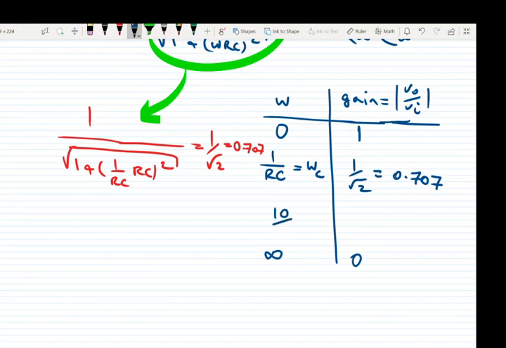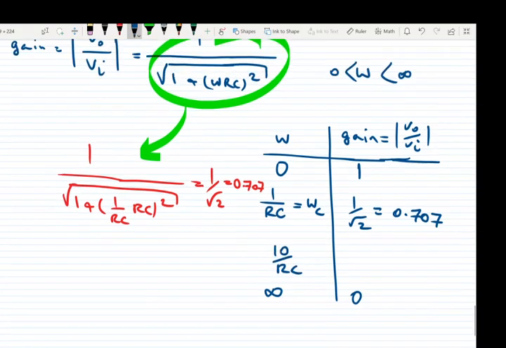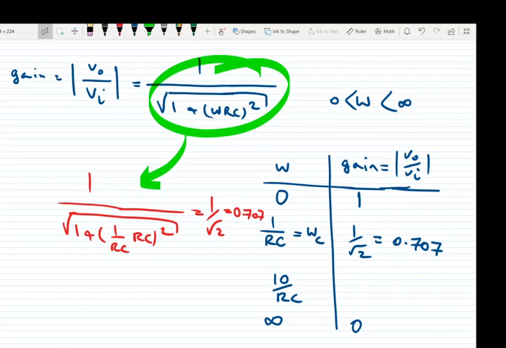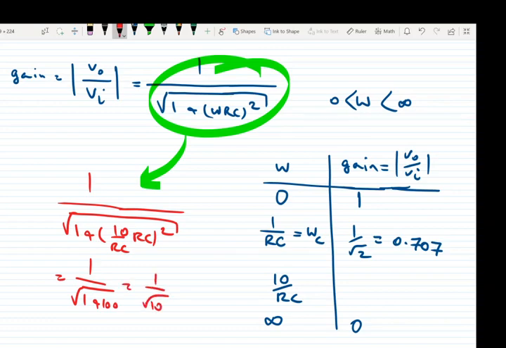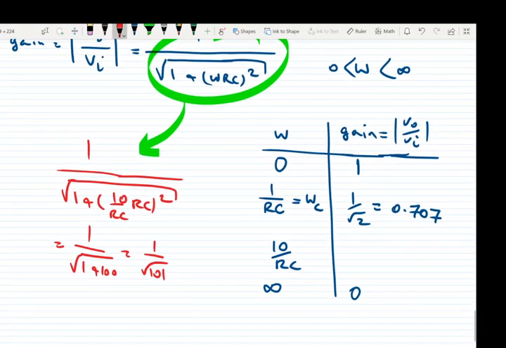Let's just find one more point. Let's calculate 10 over RC. So if we say 10 over RC, it will be equal to 1 over square root of 1 plus 100, so 1 over square root of 101, which is equal to 0.09.